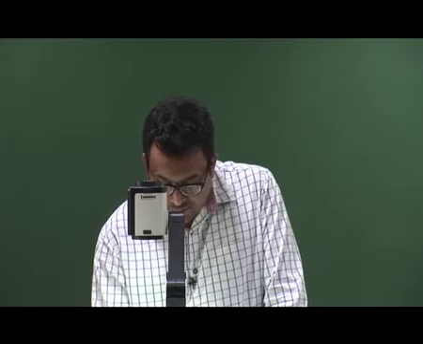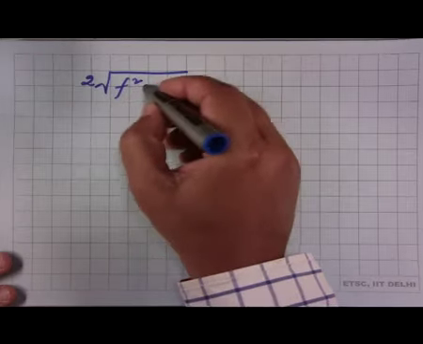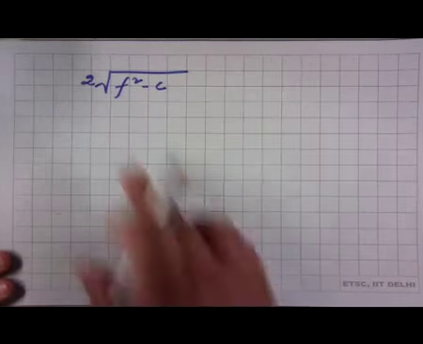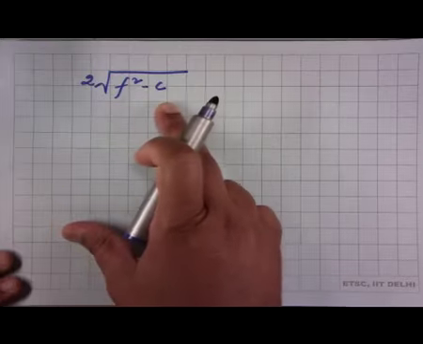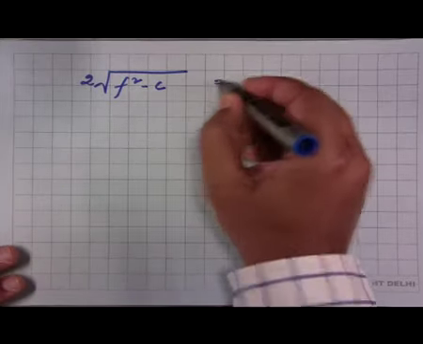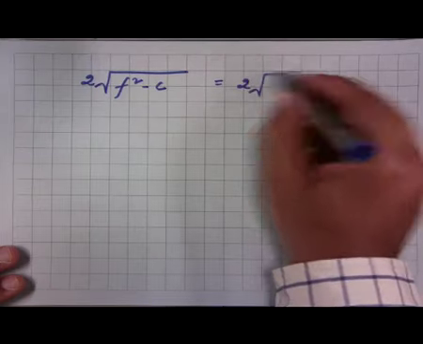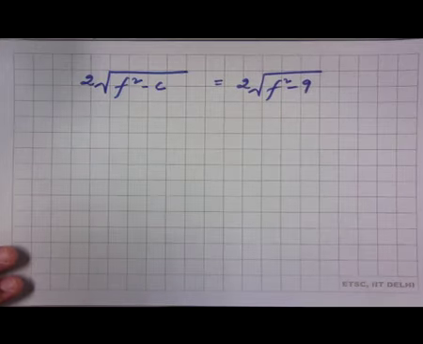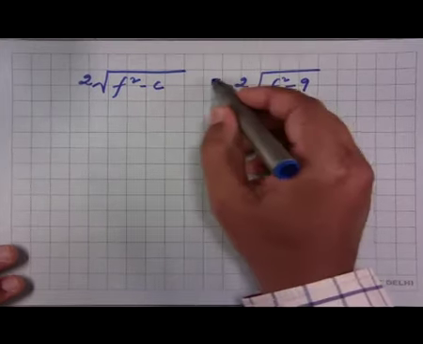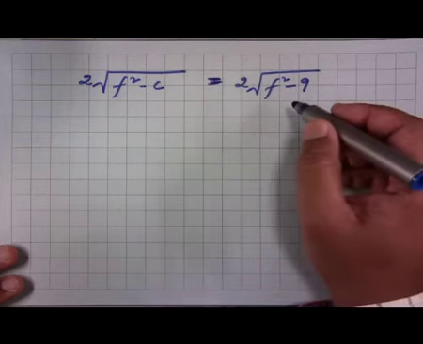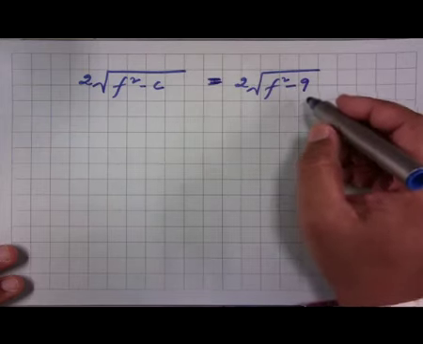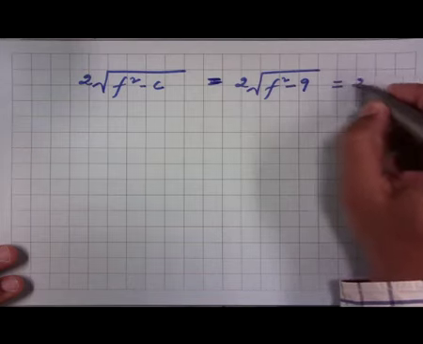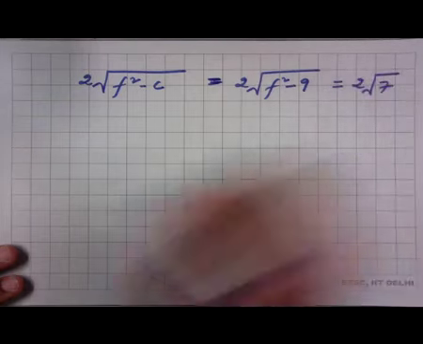Now, in the previous lecture we have already seen that the length of the intercept of a circle on the y axis is given by this equation, which is equal to 2 into square root of f square minus 9, because we have just seen that c is equal to 9 in the previous slide, and this is given to be 2 times root 7.